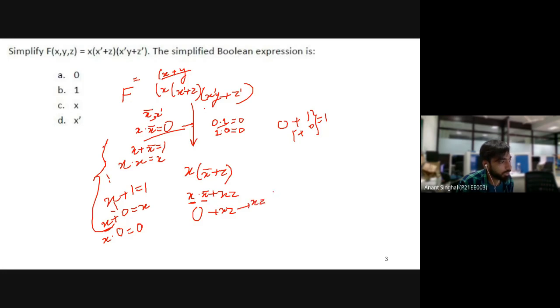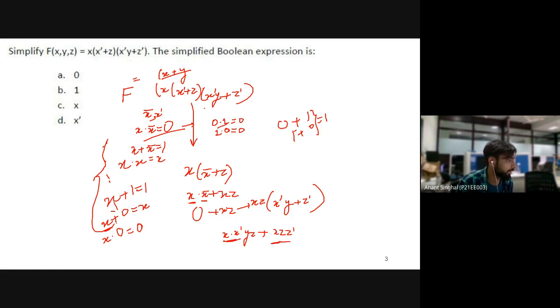Now if we add the third term, it will be xz times (x bar y plus z bar). Now I am multiplying it inside out, so it will be x bar y z plus x z z bar.